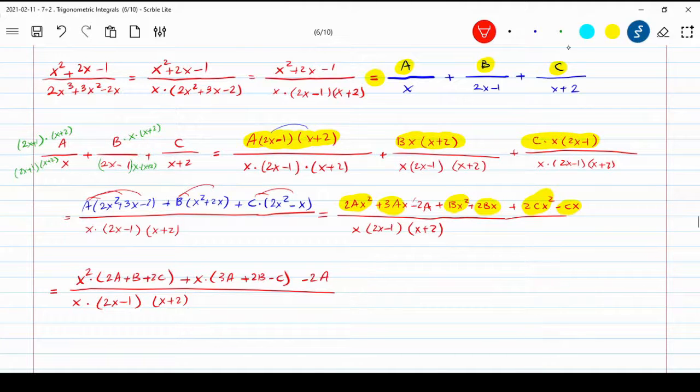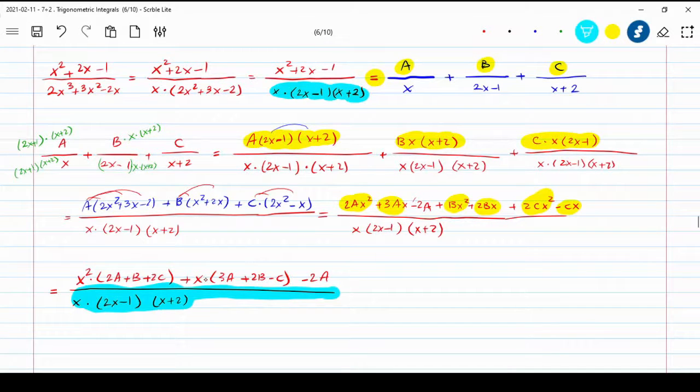Okay, now we're at the point that we can compare. What do I mean by compare? This fraction, the denominator is exactly the same as the denominator of what we started with.